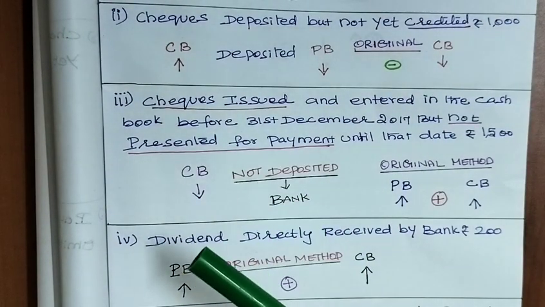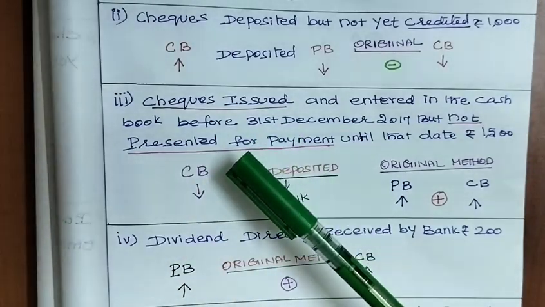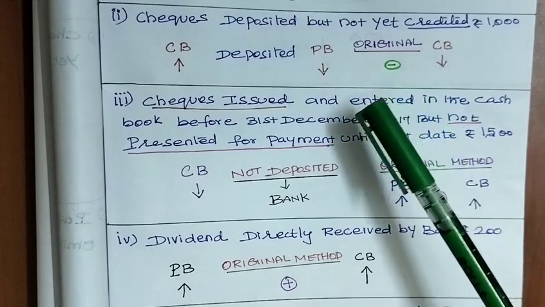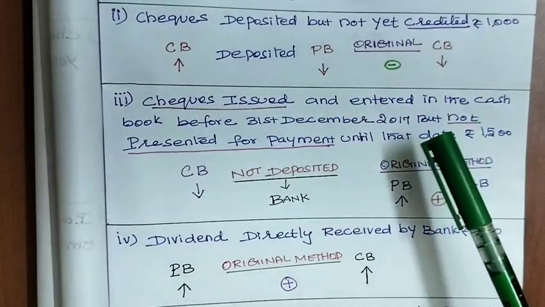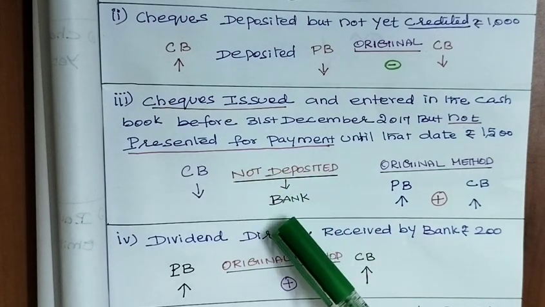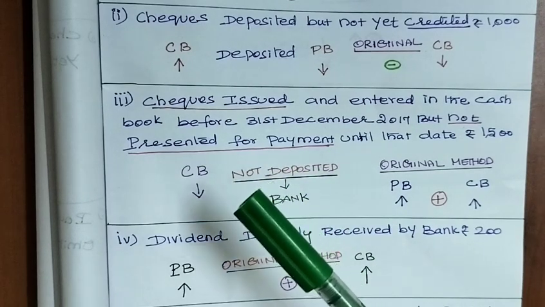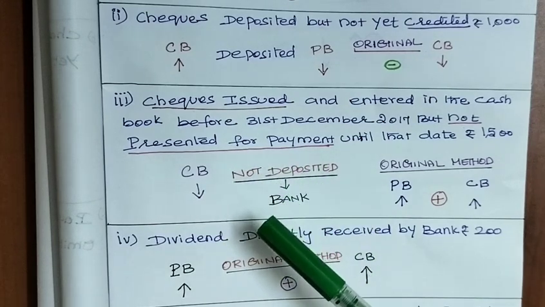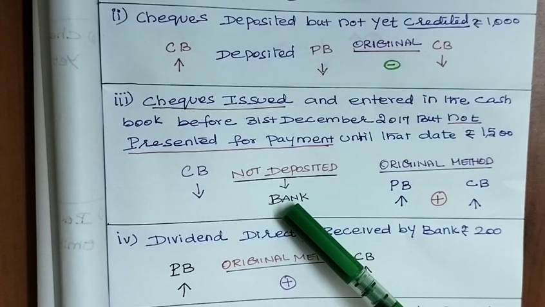Okay, what happened? You issued the check to the third party, right? But that third party didn't present the check for the payment into the bank. That third party didn't deposit the check into the bank. Are you clear?